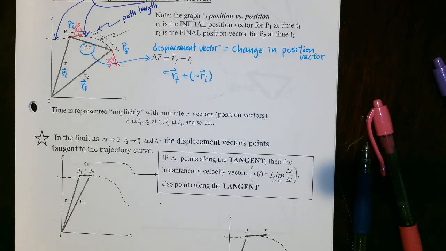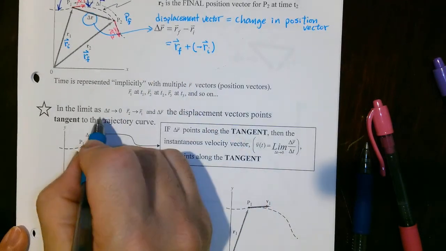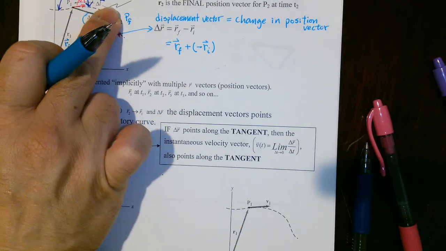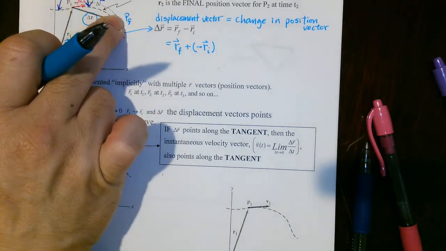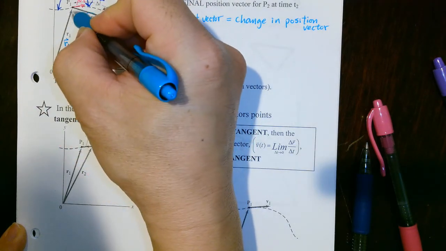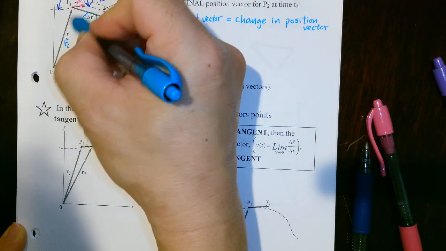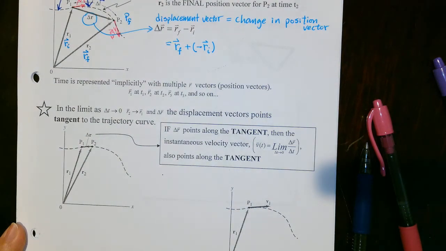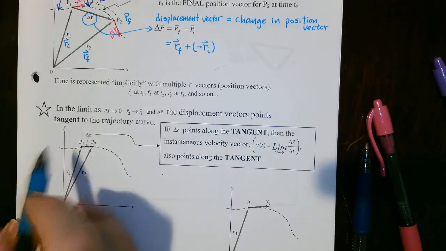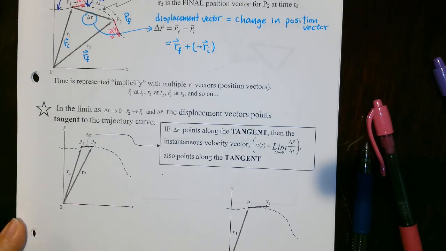So in the limit as delta t approaches 0, instead of taking a really long time to look at these two time frames, we take a very, very small time frame. You can see the displacement vector becomes tangent to the trajectory of the curve.